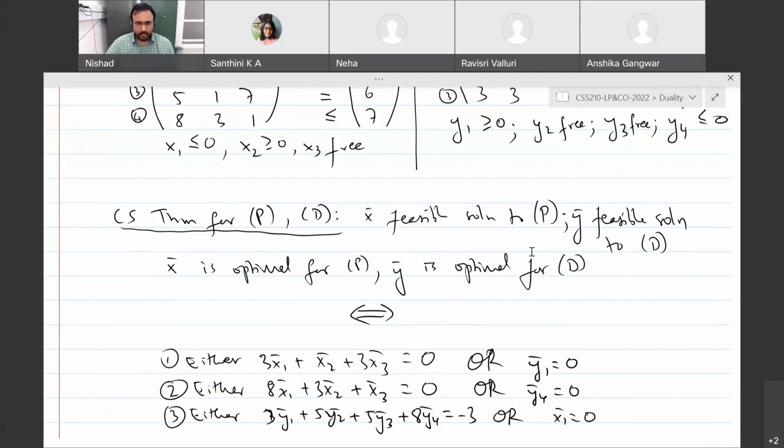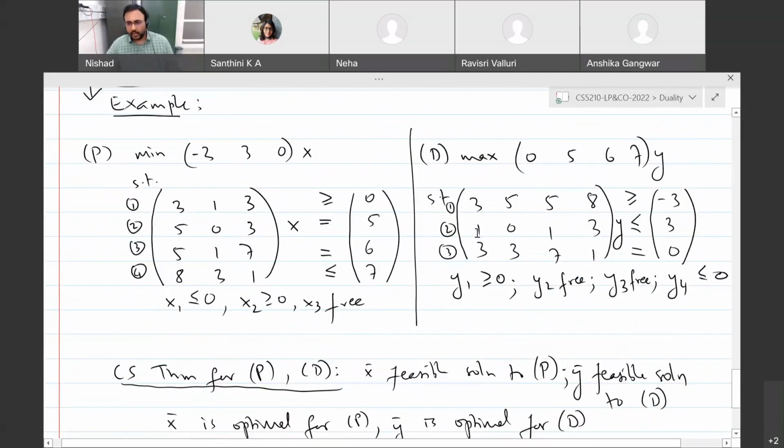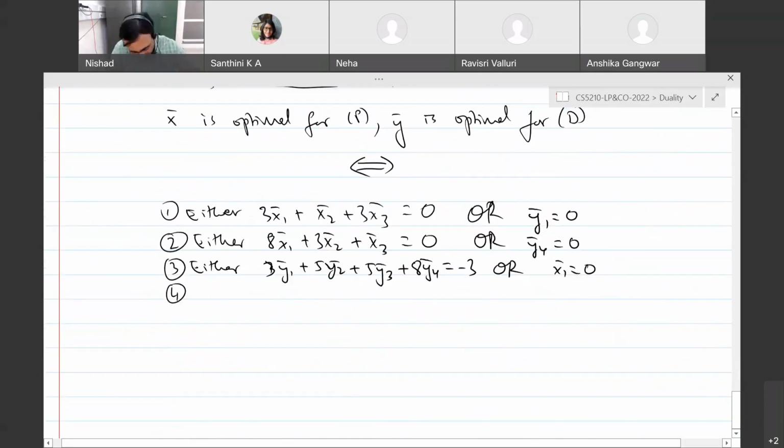And then we have one more for the last condition, for the second constraint, at most 3, or the corresponding primal variable equals 0.